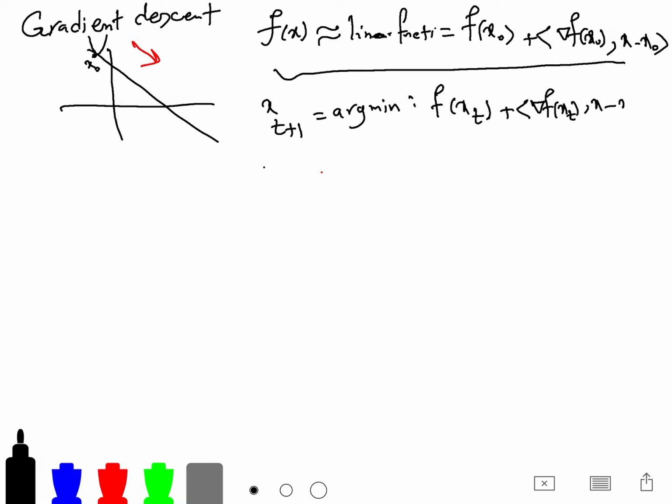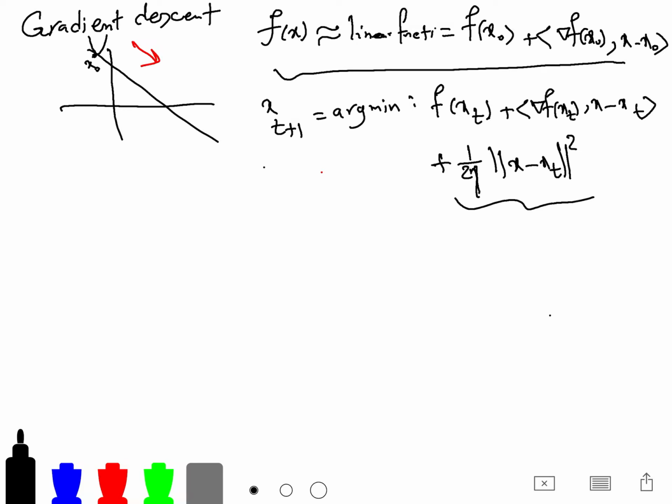times x minus xt. This is the linear approximation, plus you try to add a quadratic term like this, 1 over 2 eta times x minus xt squared, and this term is for penalizing x.